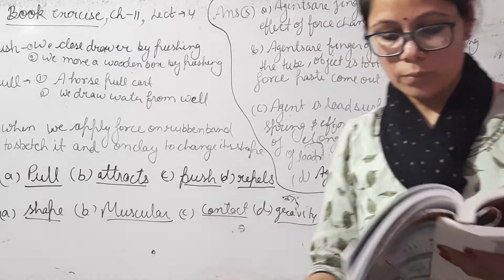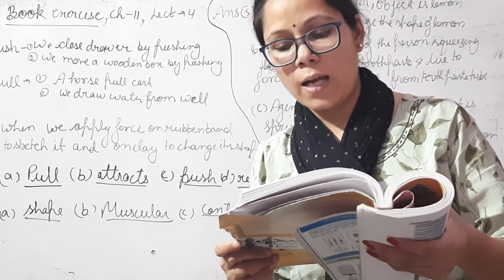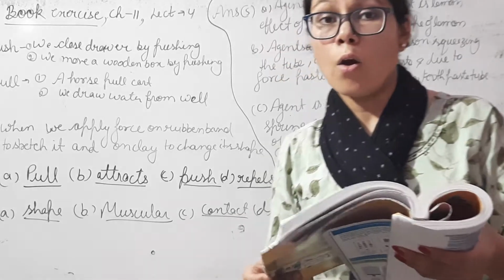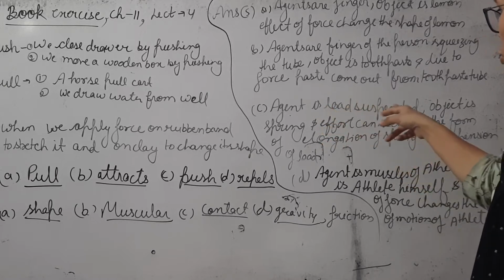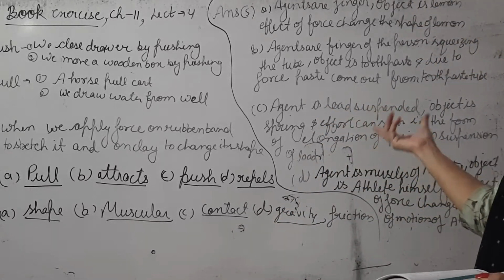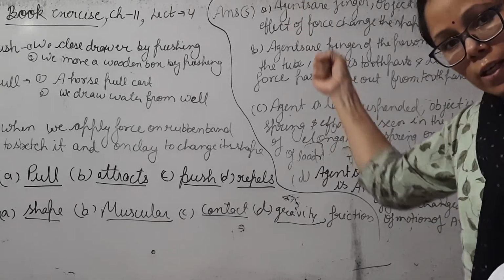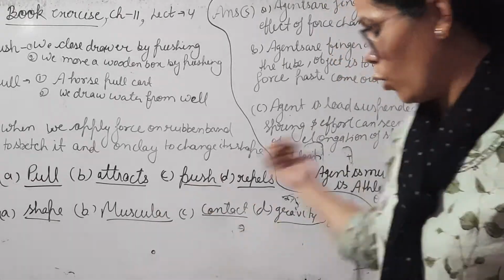Third, a load suspended from a spring while its other end is on a hook fixed to a wall. The agent is the load suspended and the object is the spring. Due to force, we see elongation of the spring on suspension of load.